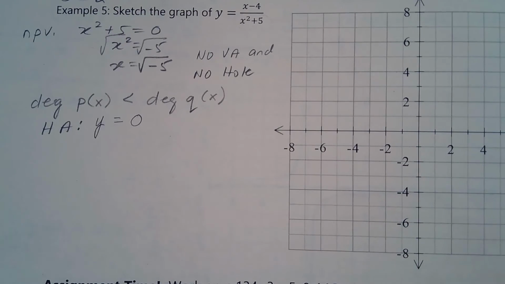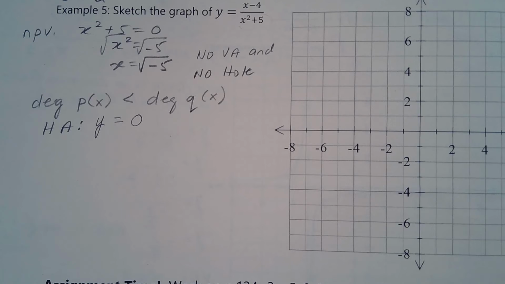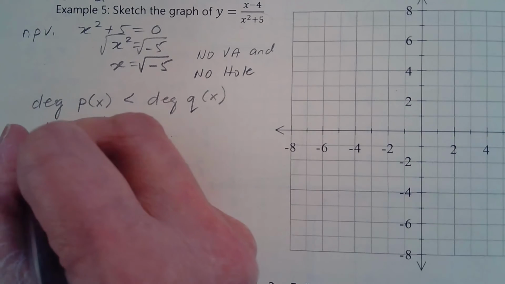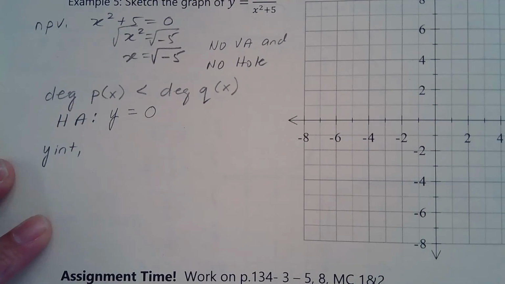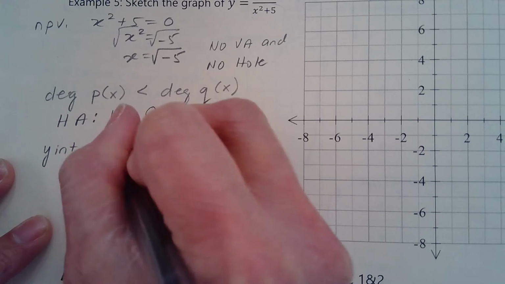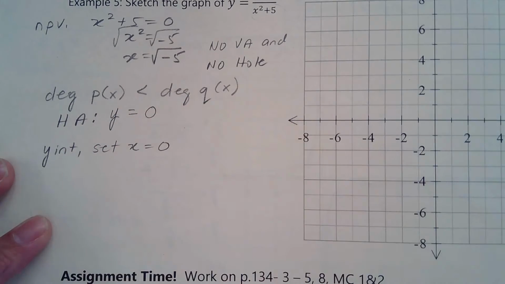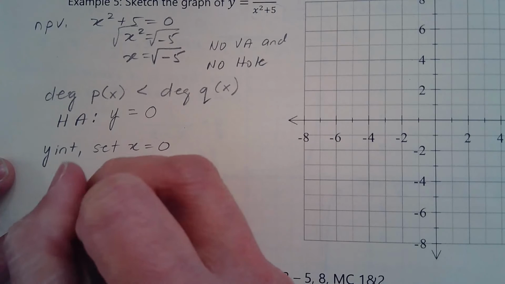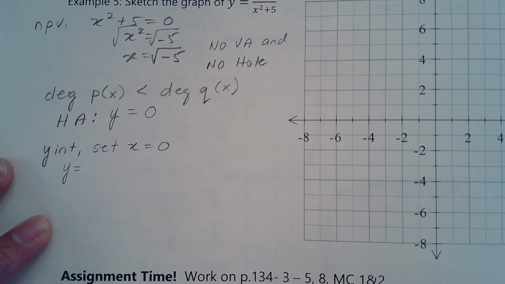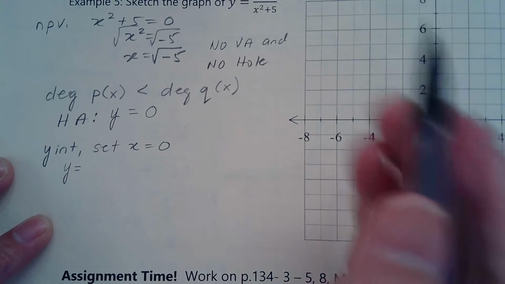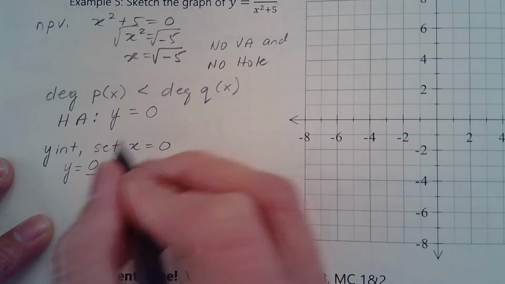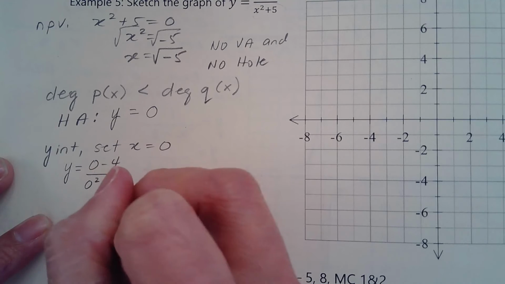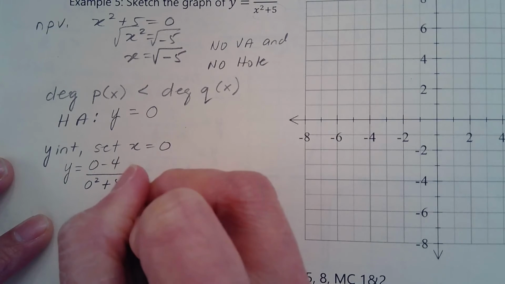What else do we need to do? We need to figure out the x-intercept and y-intercept, right? Okay, so let's do the y-intercept. To do the y-intercept, we set x equals 0. Okay, so let's do that. Do you have the answer already? Okay, 0 minus 4 over 0 squared plus 5.